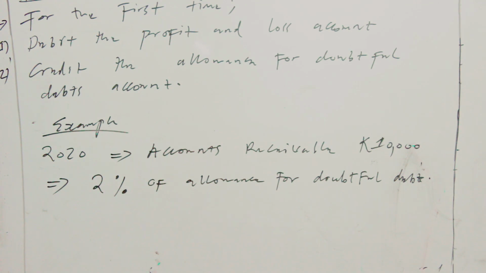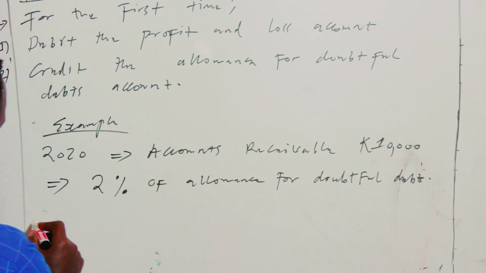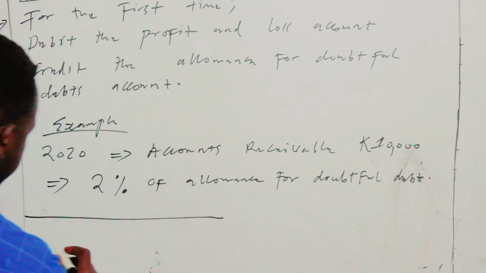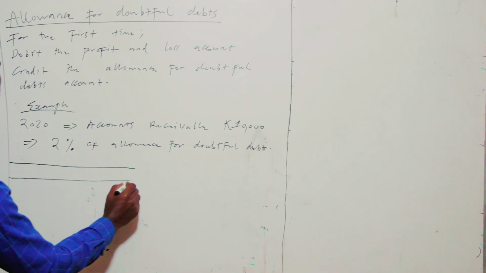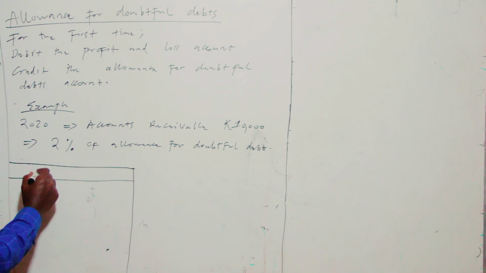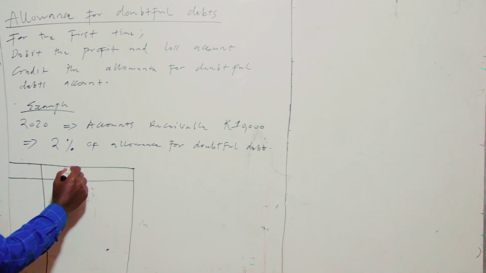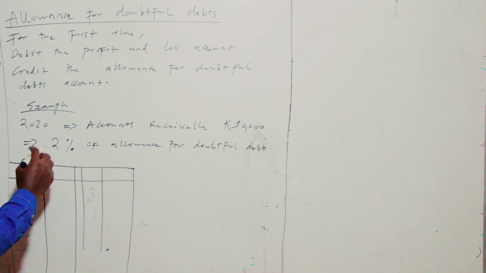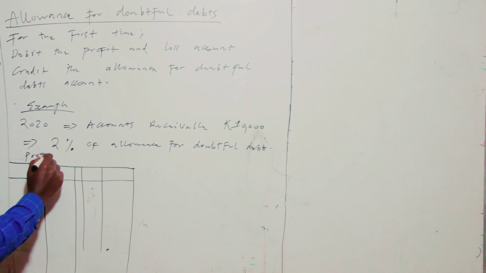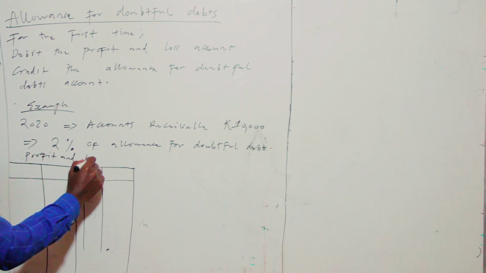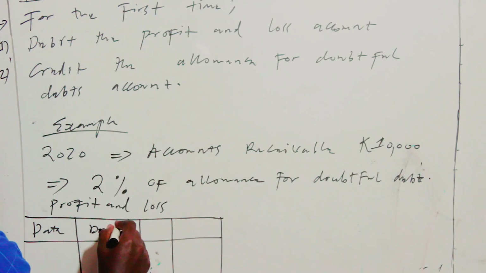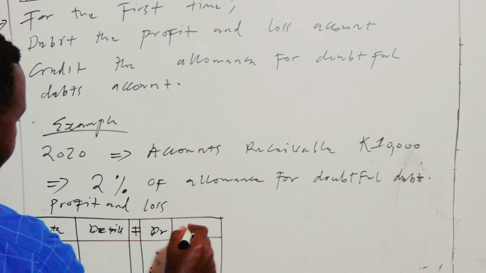The first thing, as we have said, is that we're going to debit the profit and loss account. So we can write down the profit and loss account. We have date, we have details, we have folio, we have debit, we have credit.